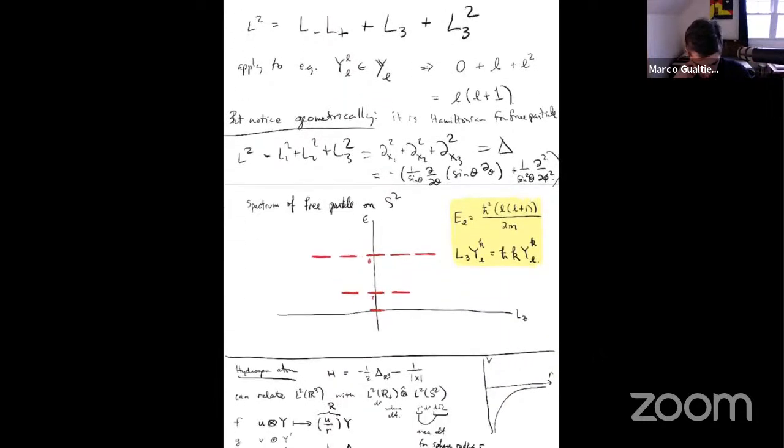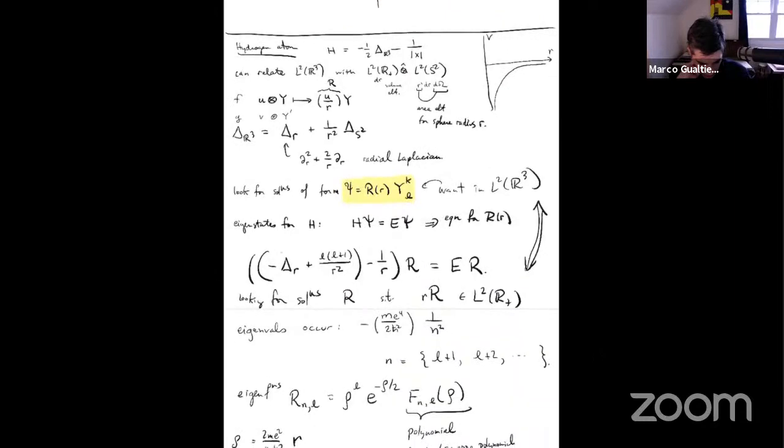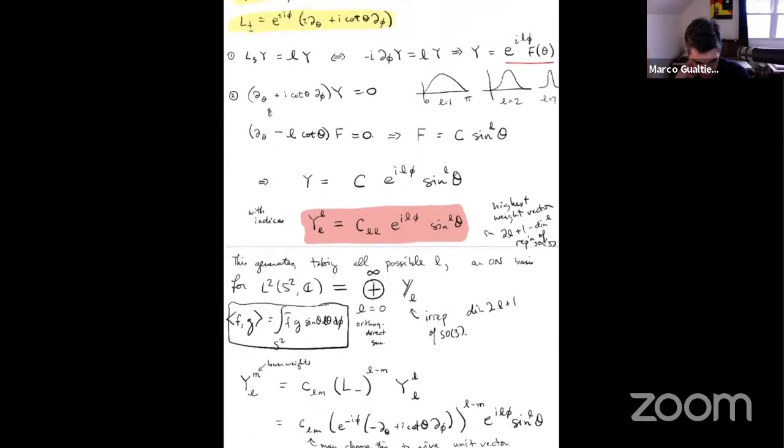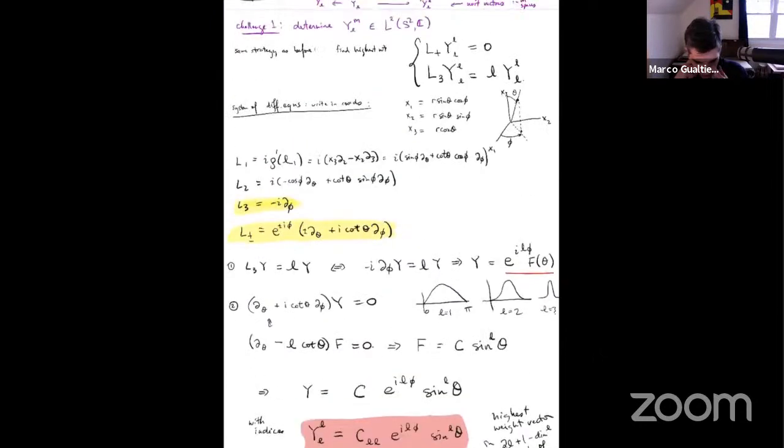I tried to simplify this, but I'm not seeing it. Theta goes to pi minus theta.